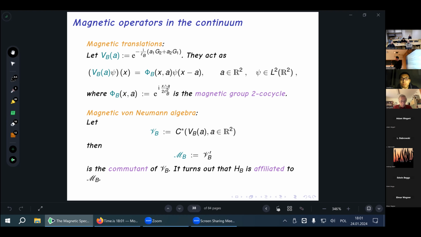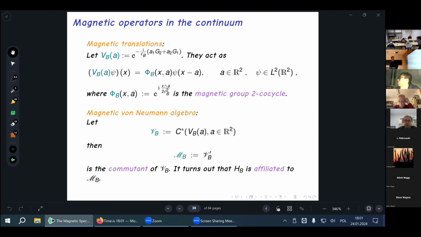It's a good definition because I know that my Landau Hamiltonian commutes with this magnetic translation. It means that the spectral projections of my Landau Hamiltonian are here. I want to work with this von Neumann algebra, which is a von Neumann algebra just because it's a commutant of a system.